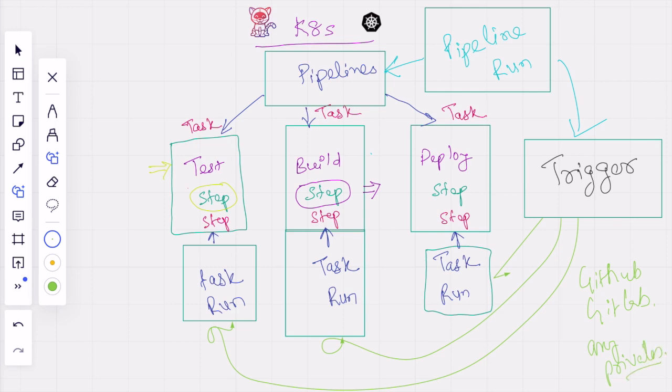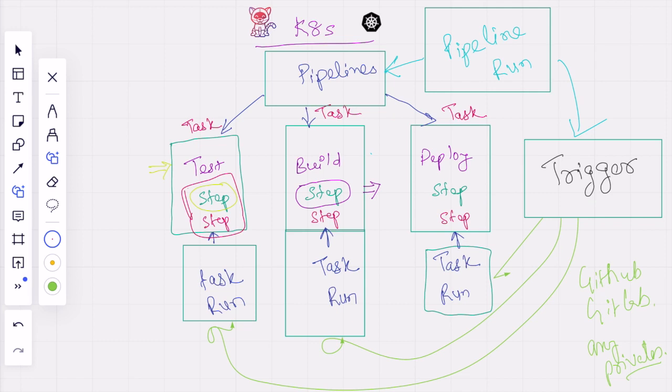So this is the basic building block of Tekton. We have a task that consists of steps, and to initiate a task we need a task run. Then to better manage the tasks, we have pipelines.